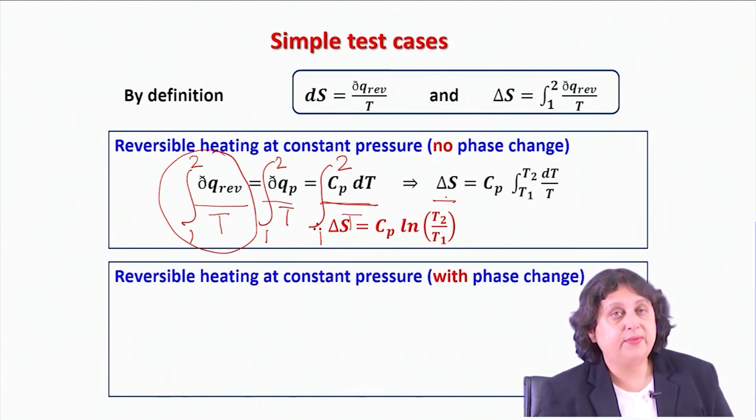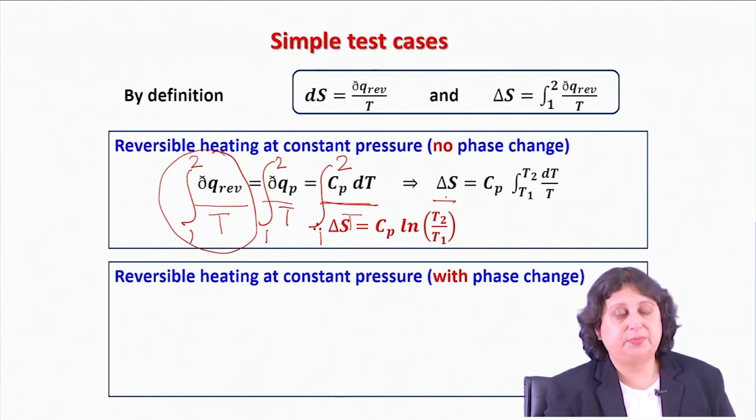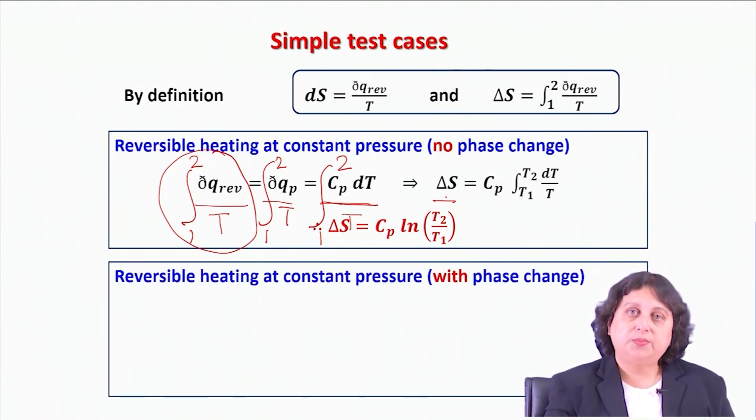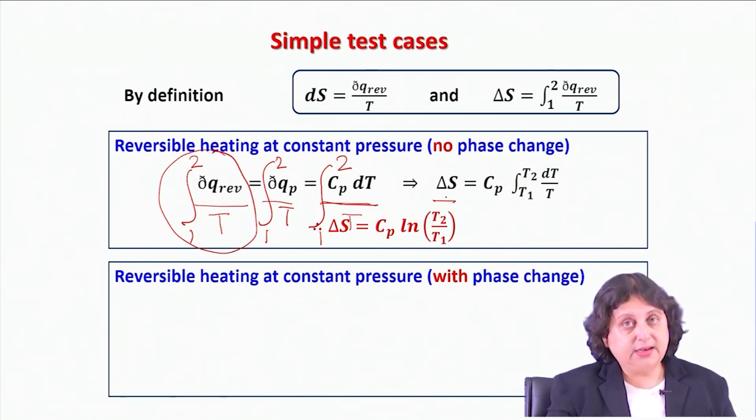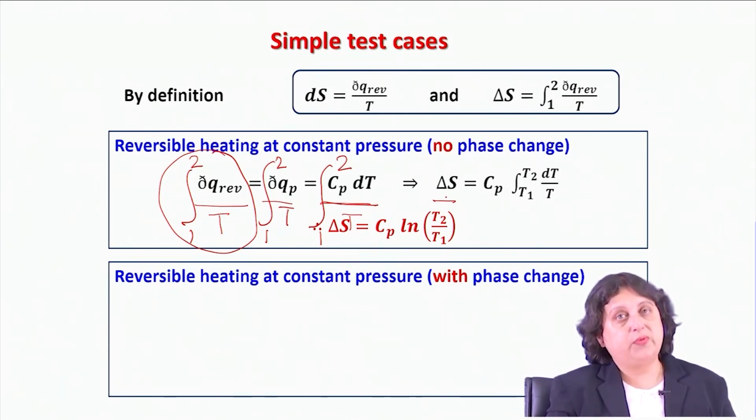Now, if I have a reversible heating at constant pressure, there is a possibility that the system might undergo a change in phase. For example, if you are heating solid ice at 0 degree centigrade and 1 atmospheric pressure, under that condition there will be a phase transition whereby the solid ice will take the heat as its latent heat and melt into liquid water.